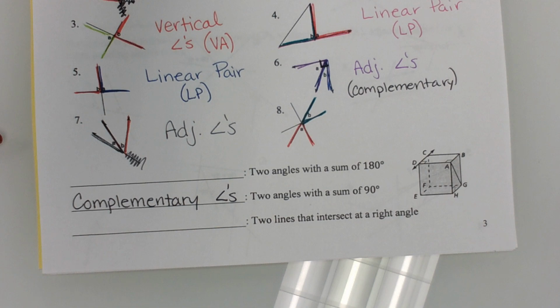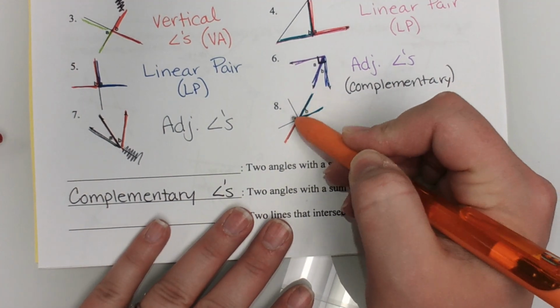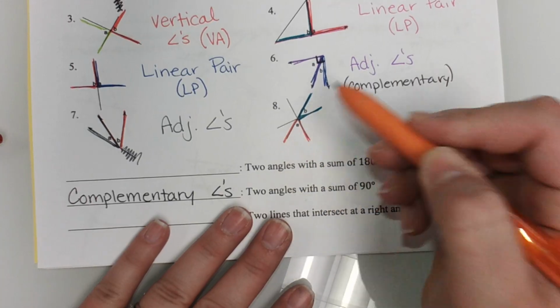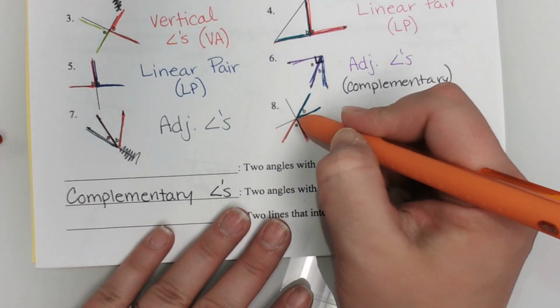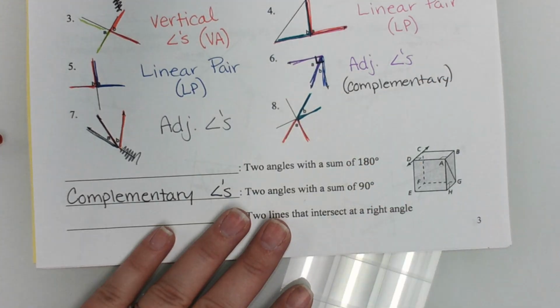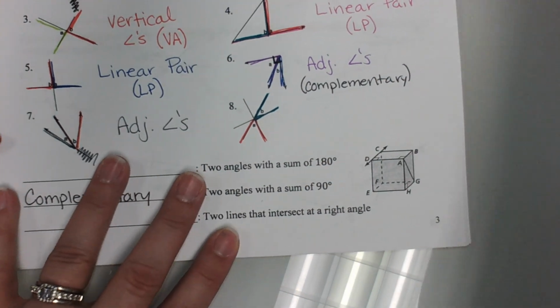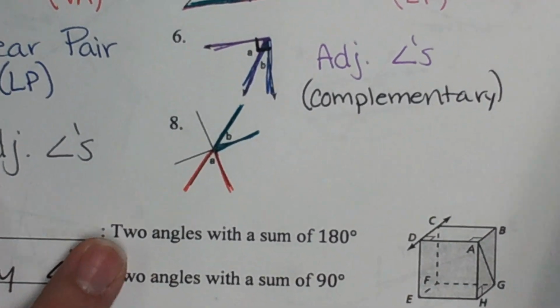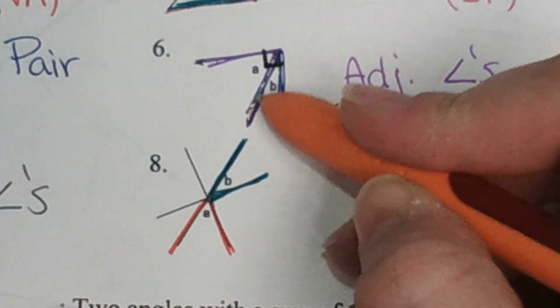When we say share that middle ray, it needs to be overlapping. When I drew my kind of bluish and my reddish, did I overlap anywhere but at this dot? No. This one went here, this one went here. These ones are not adjacent. Adjacent requires that overlap in the middle.